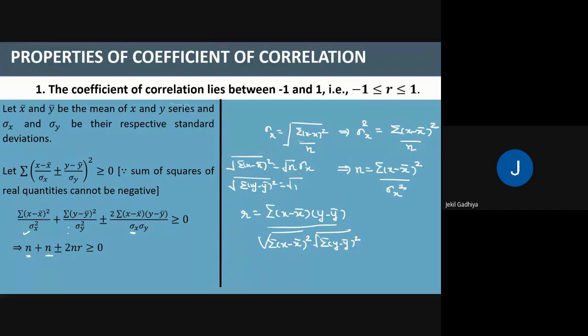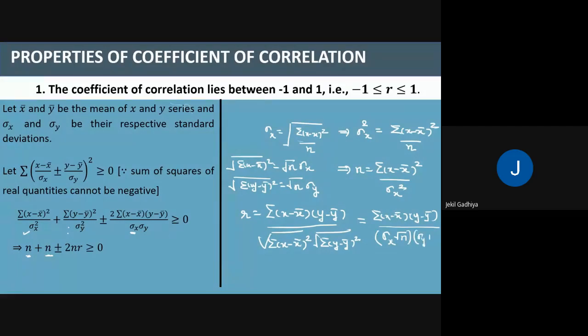So if you replace both these values here, then you will get (x minus x bar)(y minus y bar) over sigma x into square root of n, sigma y into square root of n.